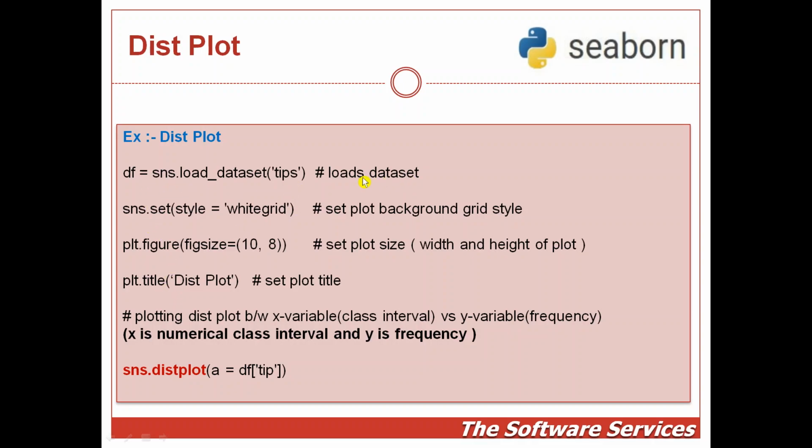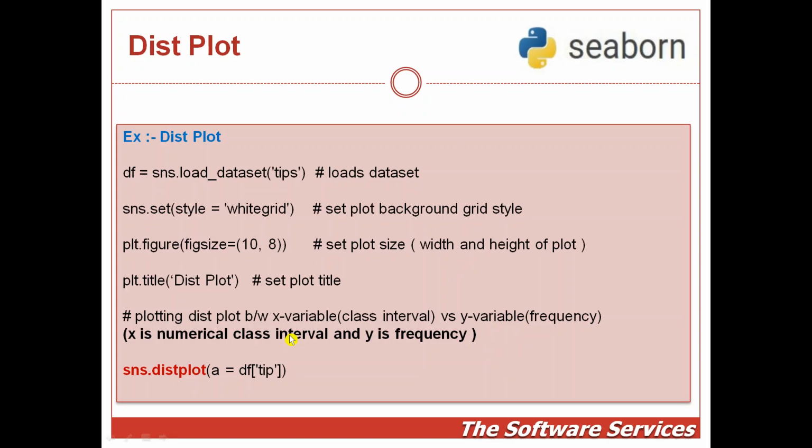After loading the tips data set, and after setting the background style, plot size, and the plot title, we need to plot the distribution plot between x and y. Here x is the class interval, which is the data we are going to provide, and y, the y-axis, is the frequency. It is automatically taken by the Seaborn library.